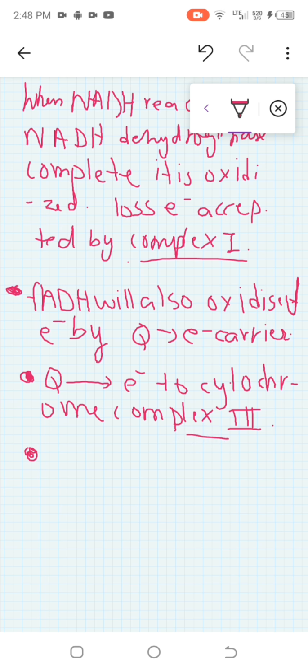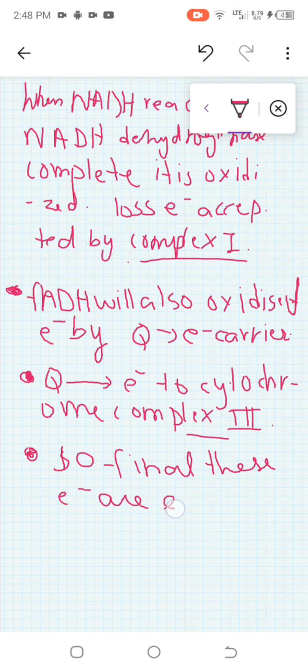The ultimate acceptor of these electrons is oxygen. So finally these electrons are accepted by oxygen and will form water.